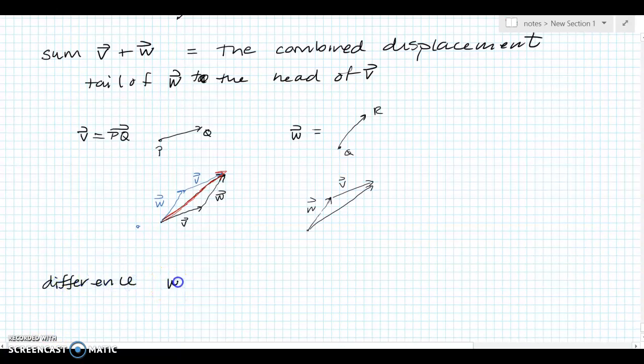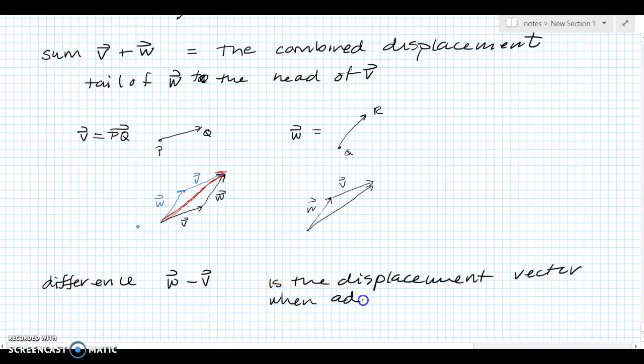So the difference, say W minus V, is the displacement vector that when added to V gives W. So we have V, and we need something that when I add to V, I get W. Which means this difference would be W minus V. So there's the displacement that I'm looking for, and when I add it to V, I get W.